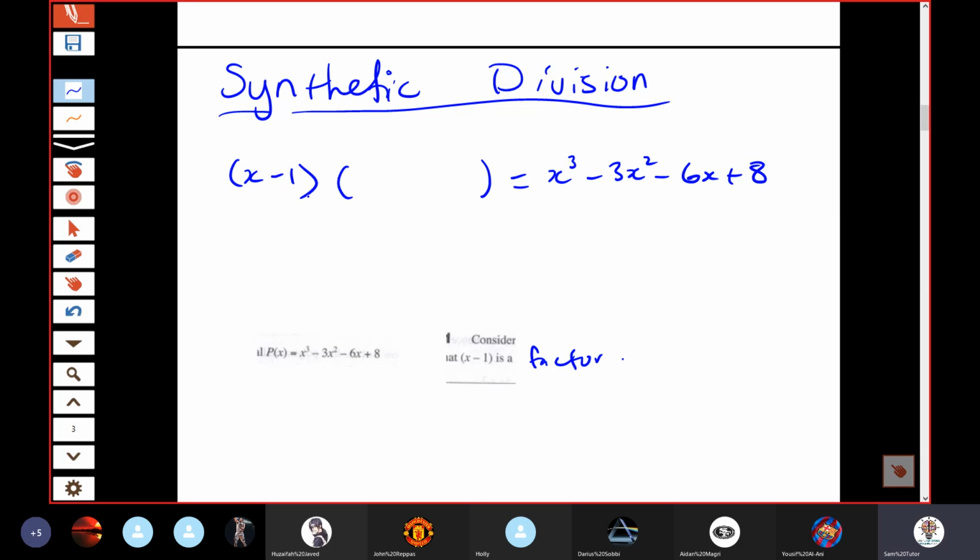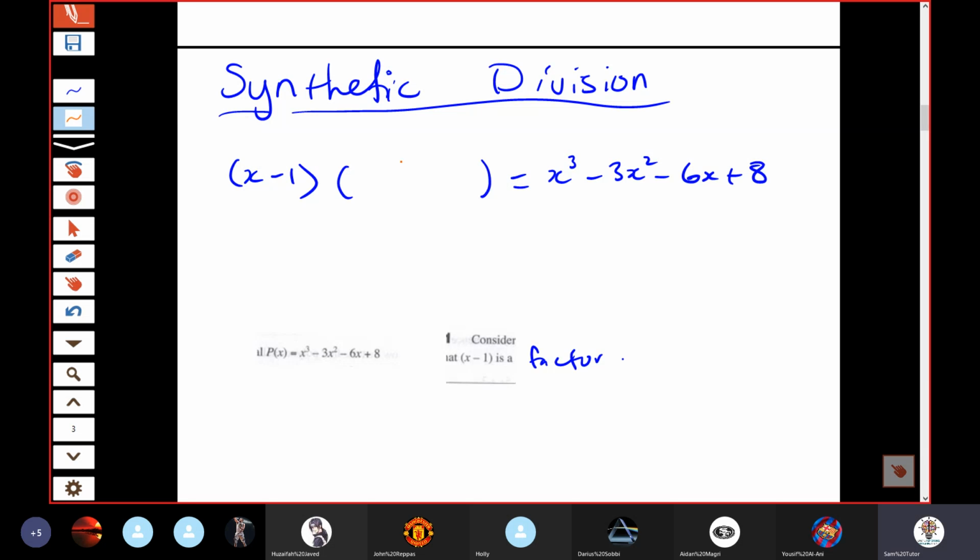So x minus 1 needs to multiply something to give you x cubed minus 3x squared minus 6x plus 8. Darius, does that make sense? Yep.